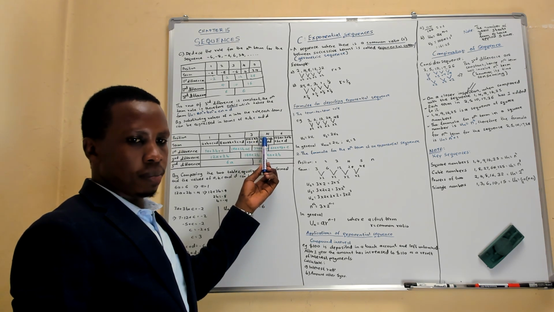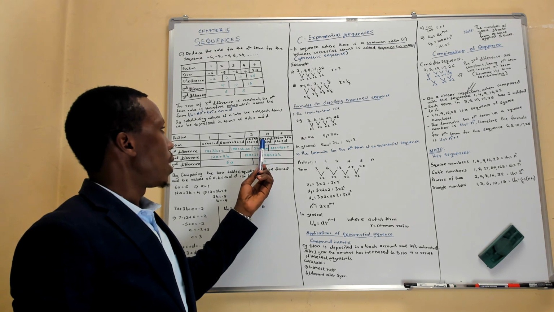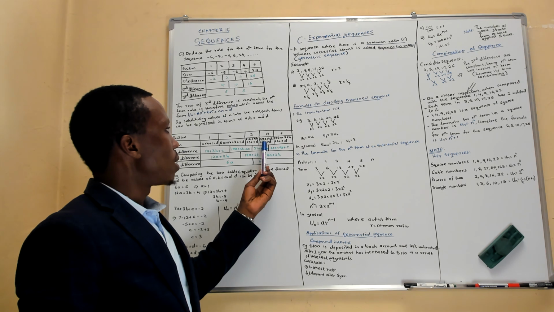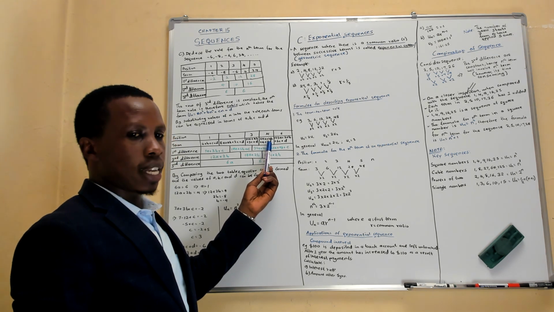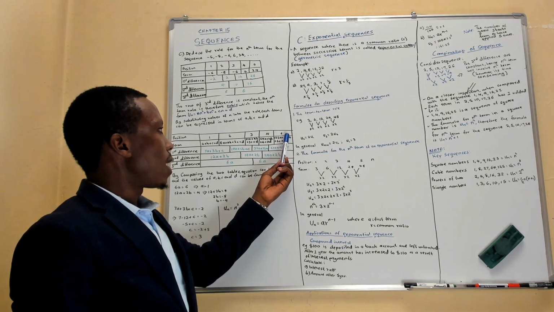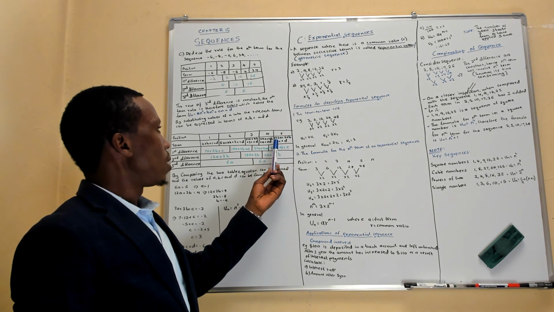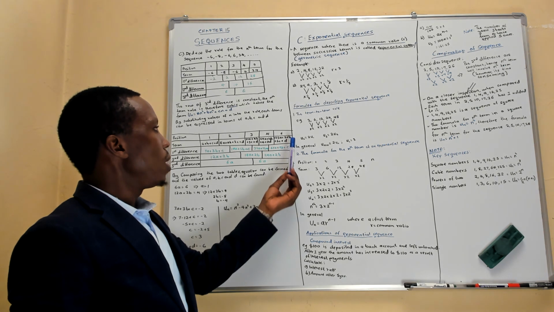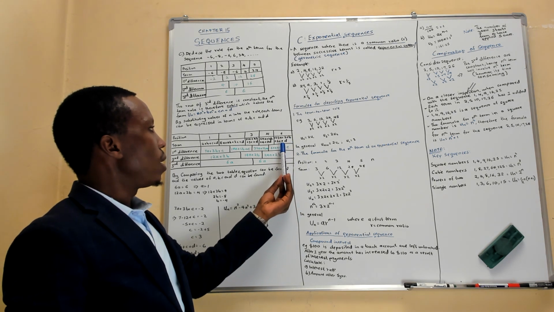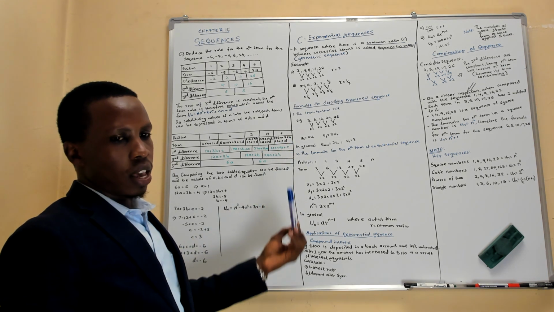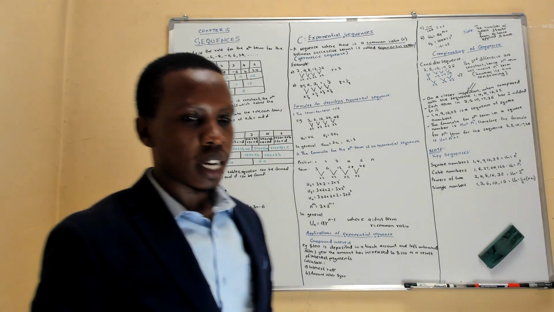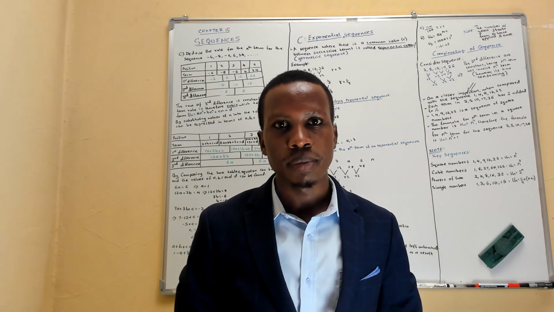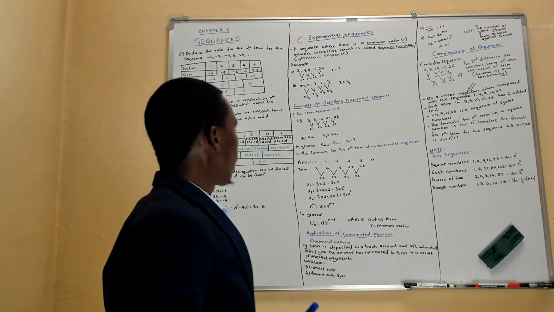For the fourth term, 64a plus 16b plus 4c plus d. Then the fifth term is 125a plus 25b plus 5c plus d. You can substitute them on your side and find out if you get the same thing. Now let's come back and proceed.